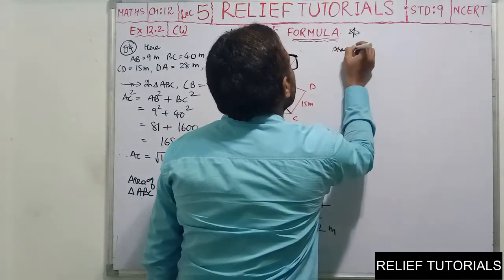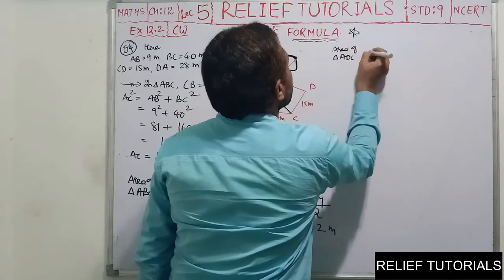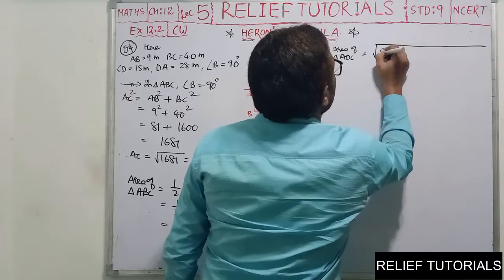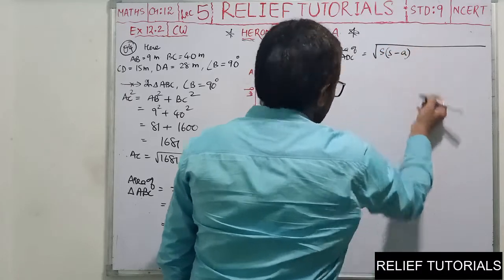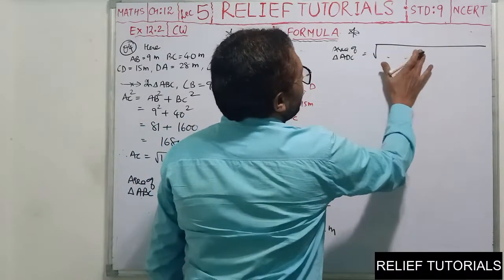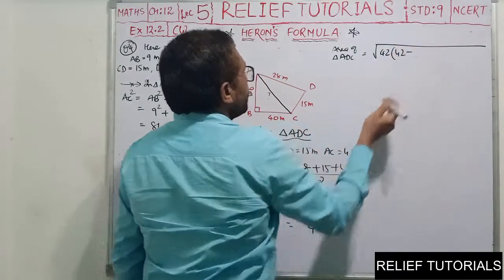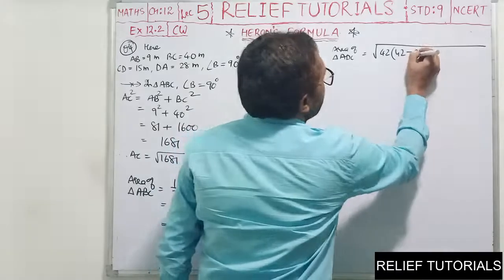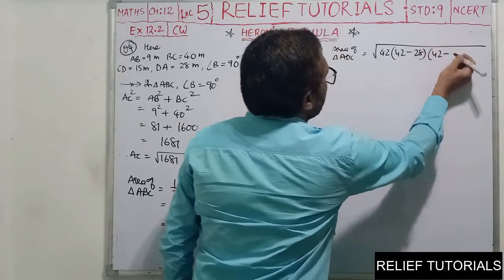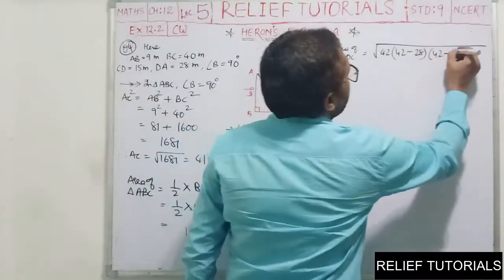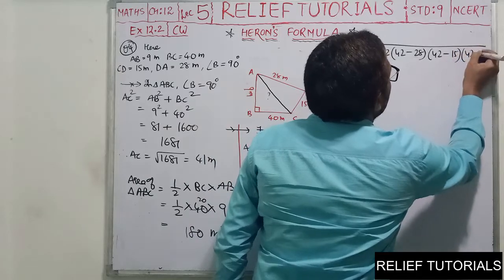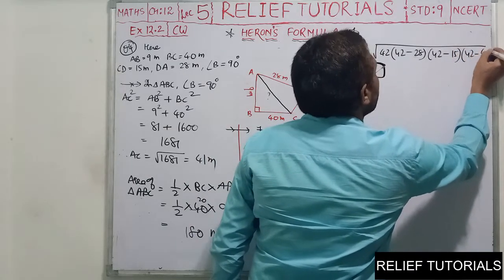So area of triangle ADC is the square root of s into s minus a into s minus b into s minus c. No need of writing the formula directly, I will write it. See now, semi-perimeter is 42. Then we will write 42 minus first side of the triangle 28, 42 minus second side 15, 42 minus 41.